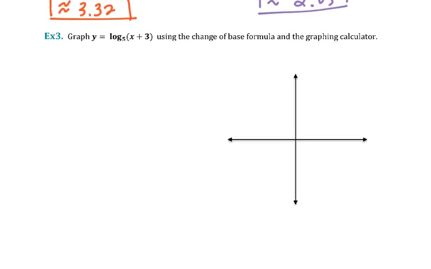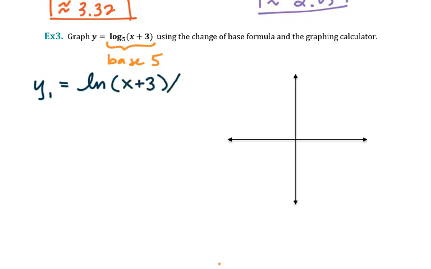So if we wanted to graph something in our calculator that is not base 10 or base E, here we have base 5, we have to use the change of base formula. And so in this case, I would go to my y1 and I would type in ln of the argument, x plus 3, divided by ln of the base, which is 5.